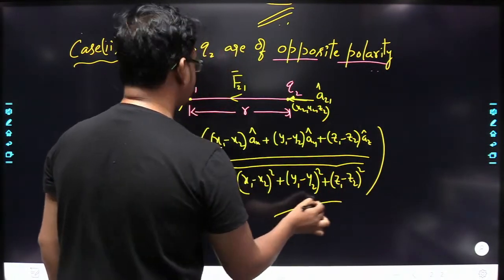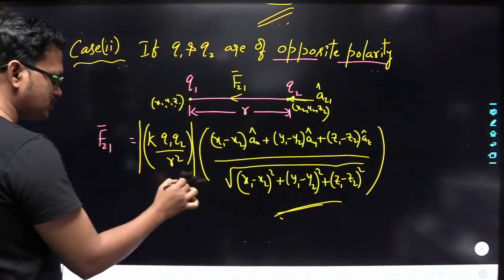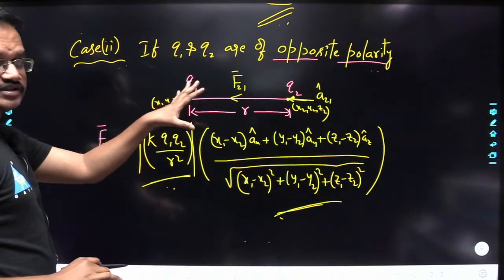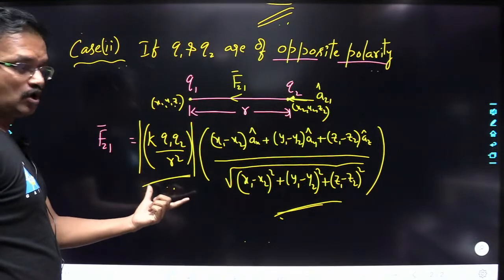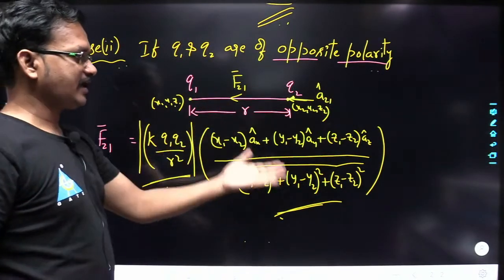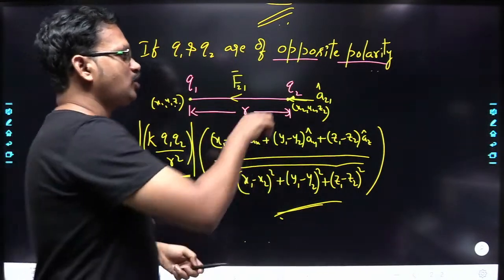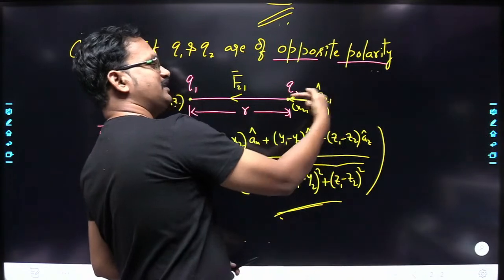See, in case 1 and in case 2, the magnitude is remaining same. Even though the polarity of charge carriers has changed, the magnitude will remain same. Yes or no? So the effect of polarity will be taken care by this unit vector. Previously we got A21 cap pointing in this direction. Now A21 cap is pointing in this direction.